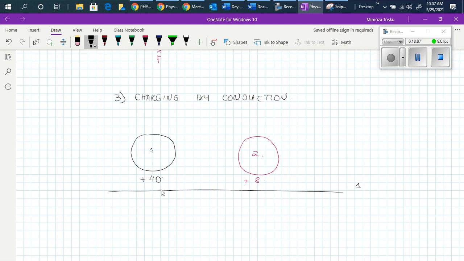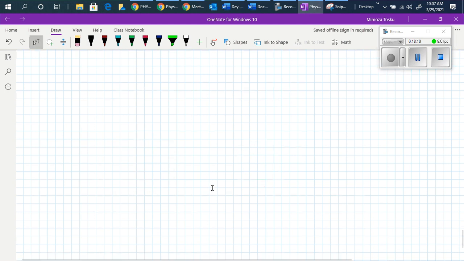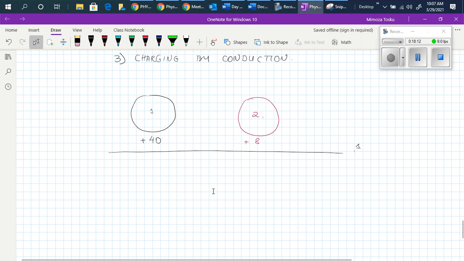Then what is happening now is that, either with wiring conduction or by contacting them with each other, object 1 and object 2 are in contact.